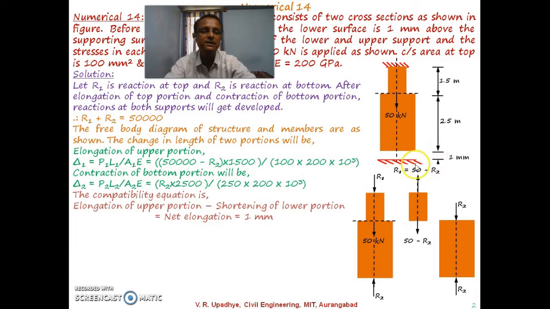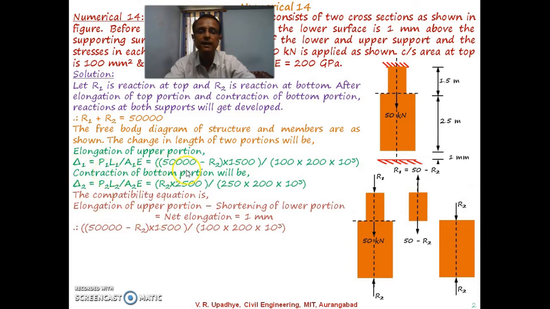Whatever elongation of the upper portion is taking place minus whatever shortening of the lower portion is taking place, the difference between these two is this 1 millimeter, which is the gap between the unconnected part of the structure and the bottom support. So with this, the elongation of the upper portion is written over here as delta 1.